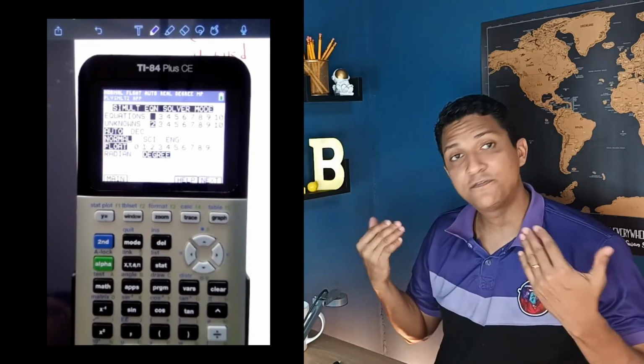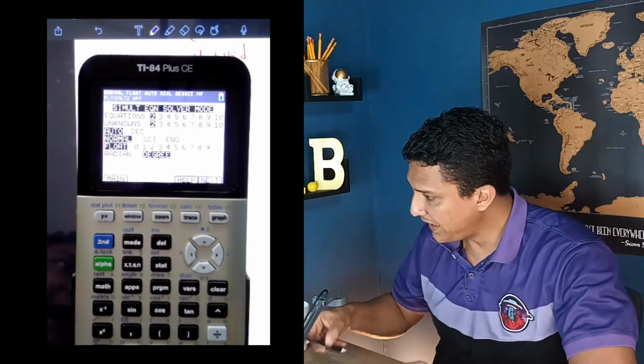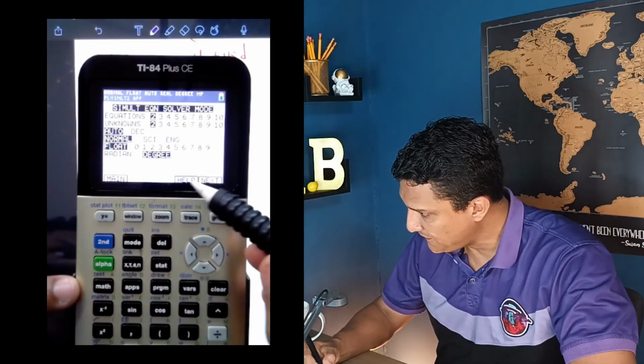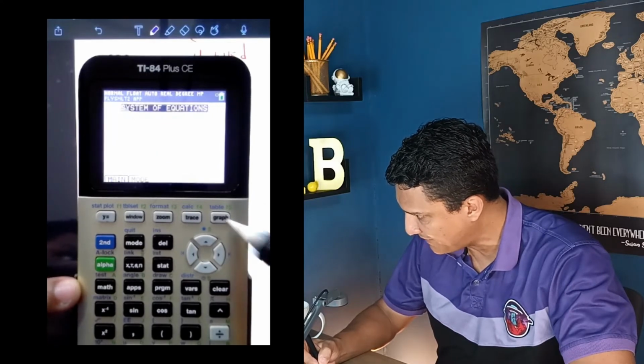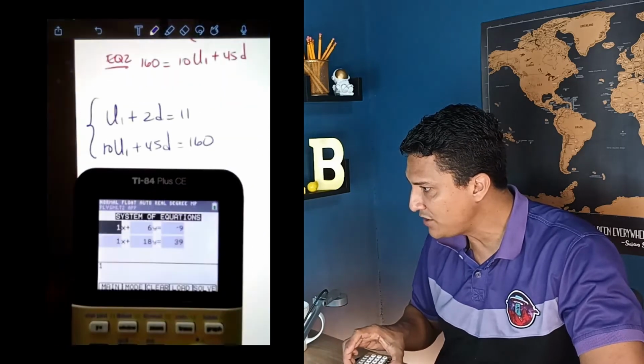The calculator asks me how many equations I have. I have two equations. How many variables or unknown values? Two also. I need to press next. Remember that these tabs are connected with these keys, so I need to press the one that says graph.